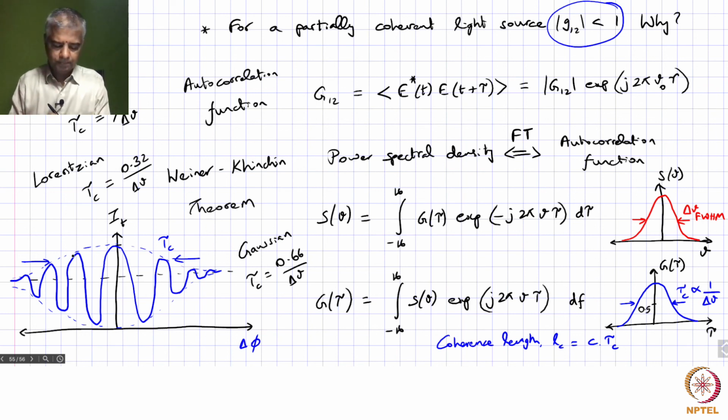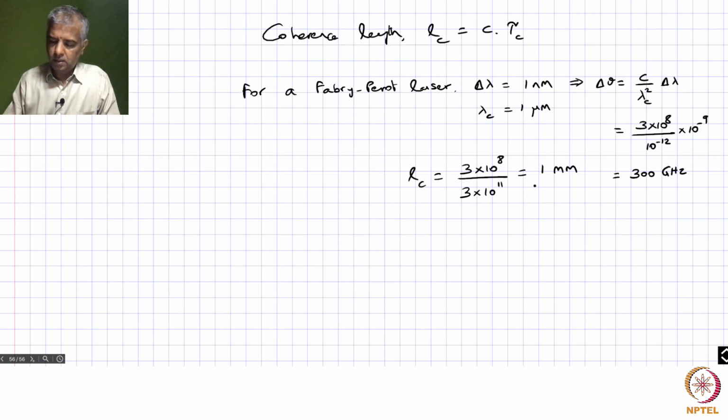So the fringe contrast would have now gone down by a factor of 2. So this is for the Fabry-Perot laser, and of course we have assumed that tau c equals 1 over delta nu for simplicity. That is, we assume that it is a rectangular spectrum.